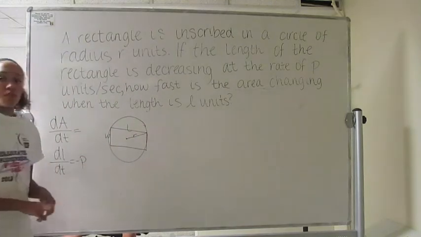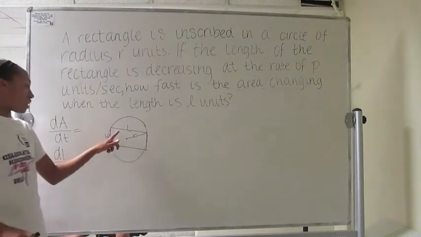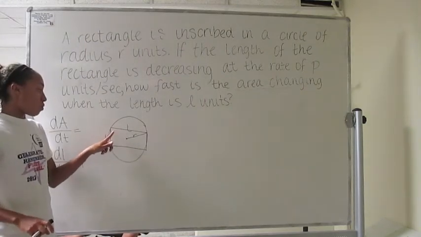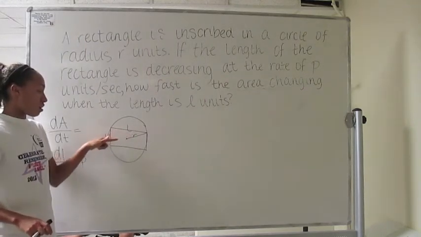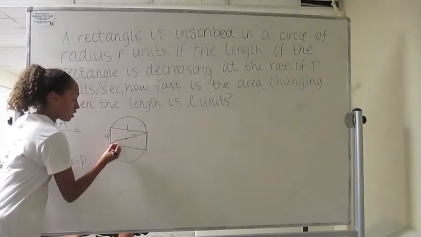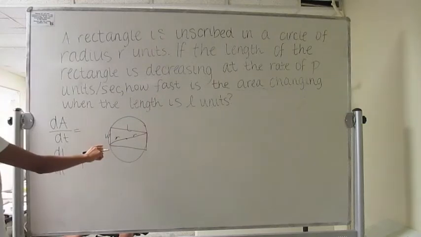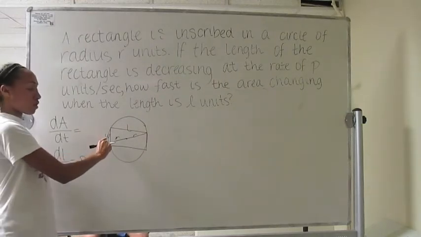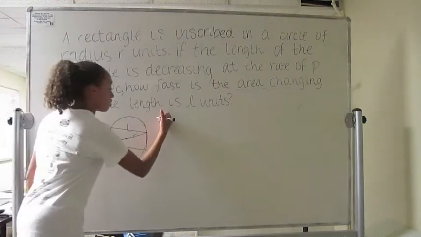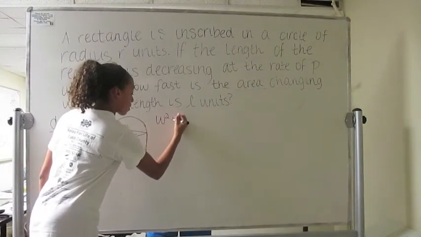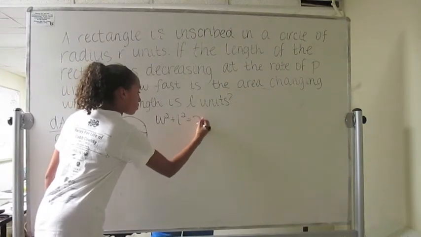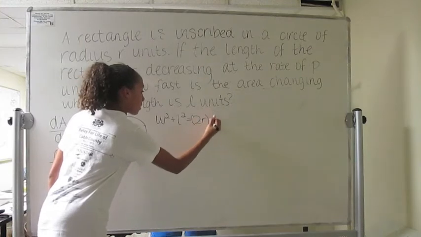And then we use the Pythagorean theorem to determine what the length of 2r is. We add another radius to find the hypotenuse of W squared plus L squared. So W squared plus L squared is equal to 2r squared.